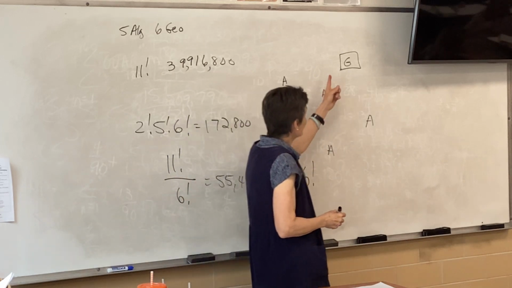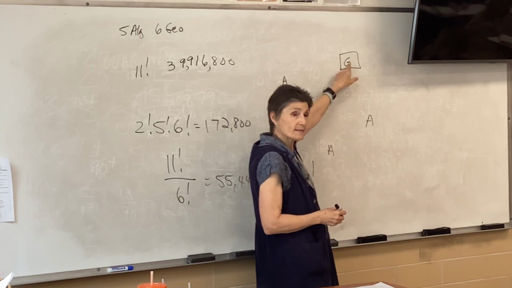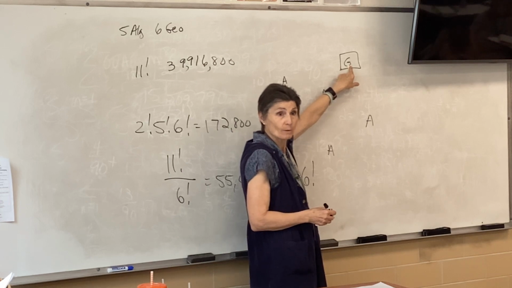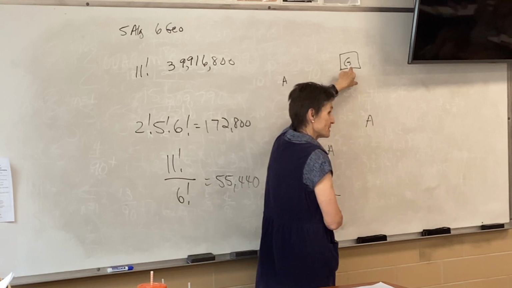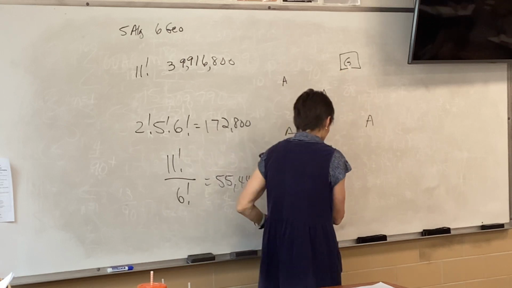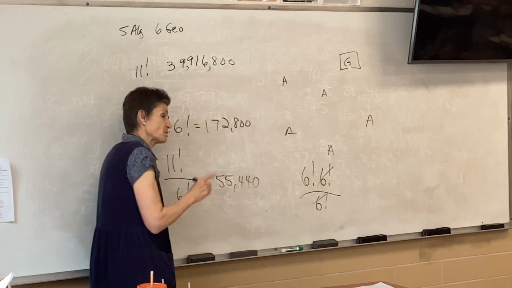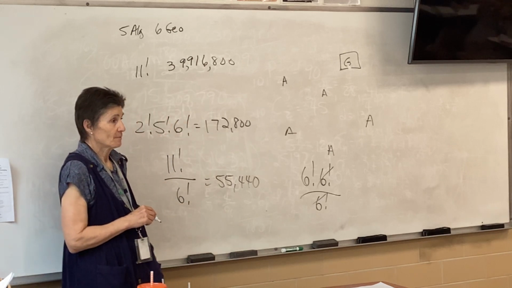But remember when we tied a string around those? Those right there can be arranged 6 factorial ways. But they're all the same. So basically those two cancel each other out. I think that's what you were getting at, Katie, earlier. But that's it.